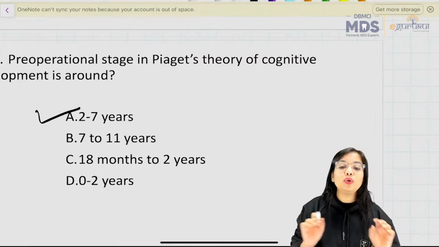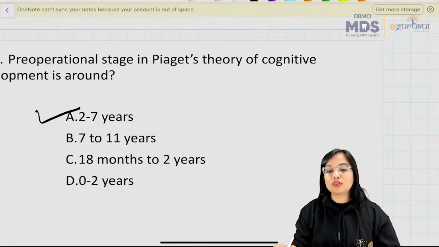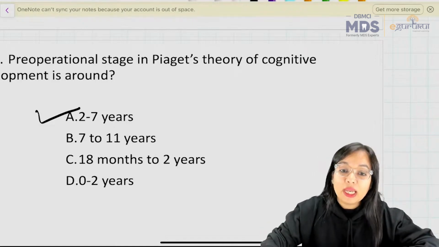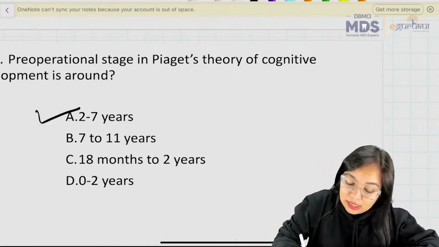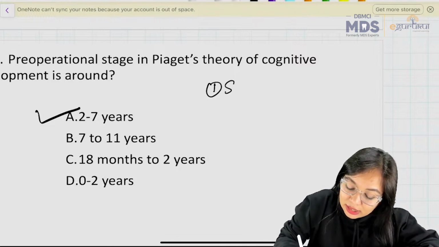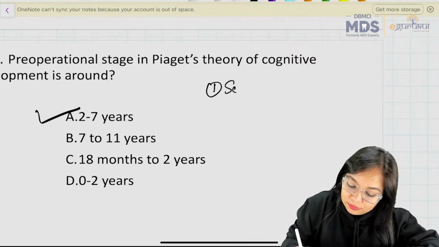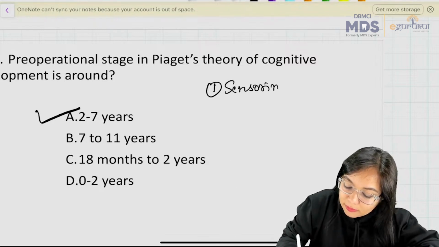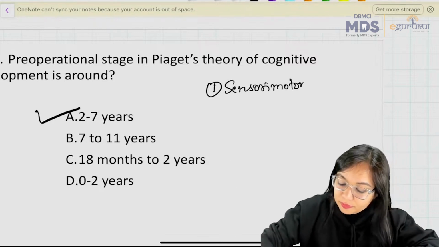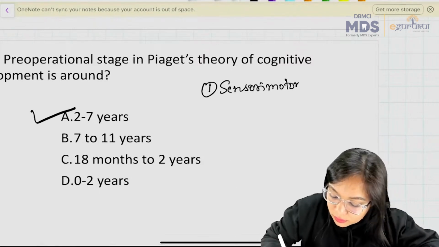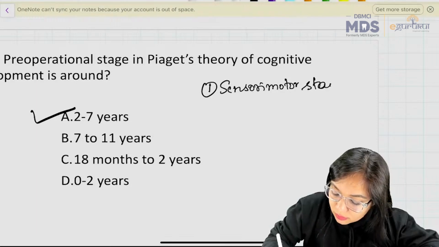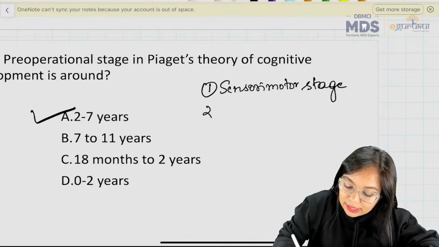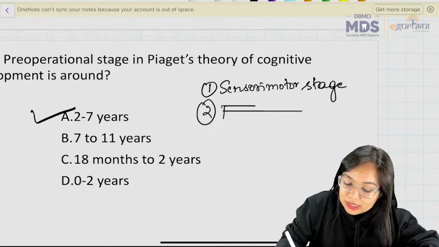Whenever we look at the 4 different stages of cognitive development in Piaget's theory, the first is the sensory motor stage. The second is the pre-operational stage.